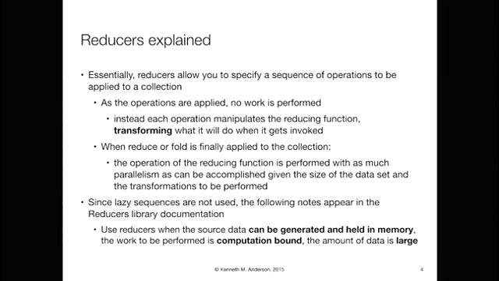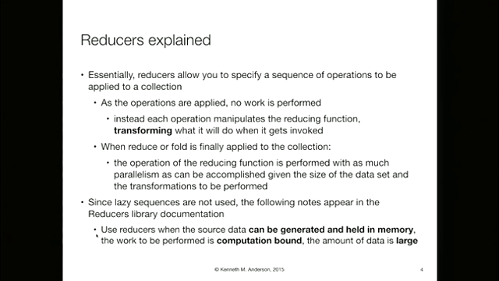You start with a collection, and then you transform it, and you transform that, and you transform that. And each time, it's just taking note of the transformations you've asked to do. Finally, if you do a reduce or fold on that collection, it then optimizes the reducing function. And I'll talk about what that means in just a minute, and then tries to perform that operation with as much parallelism as possible. Now, you don't get this for free.